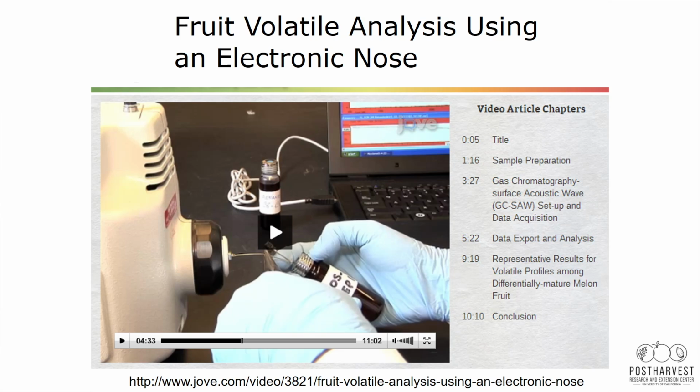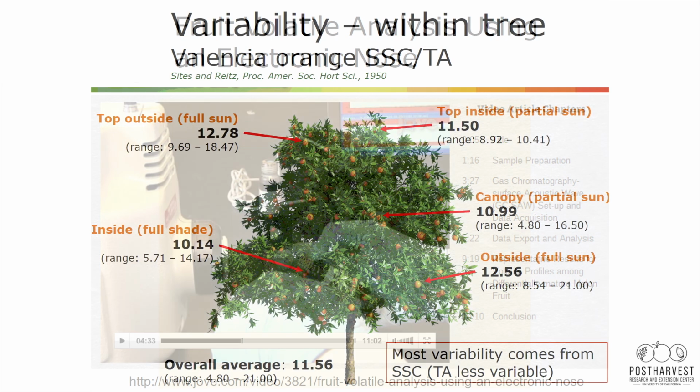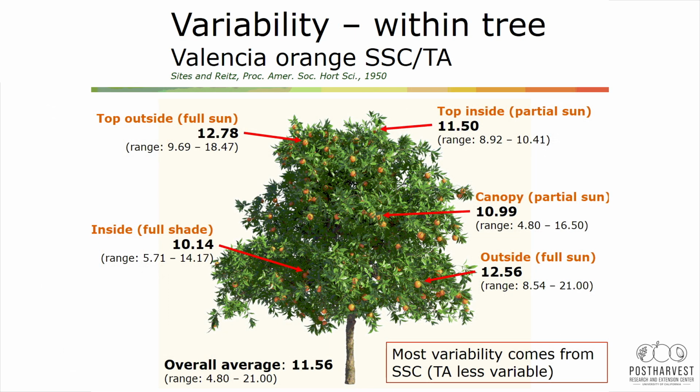And if you're interested, we actually published a video protocol for measuring aroma. We touched on that yesterday, and you were even able to taste the difference in melon. But by the essence of the product that we work with, we have a lot of variability from fruit to fruit.